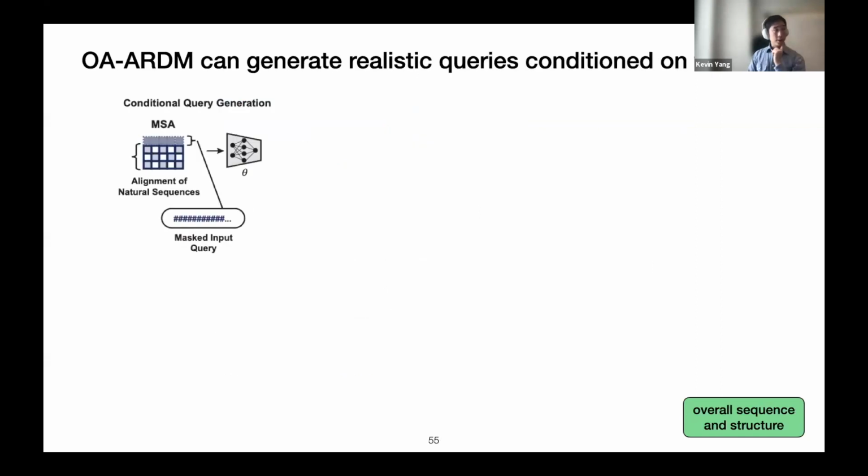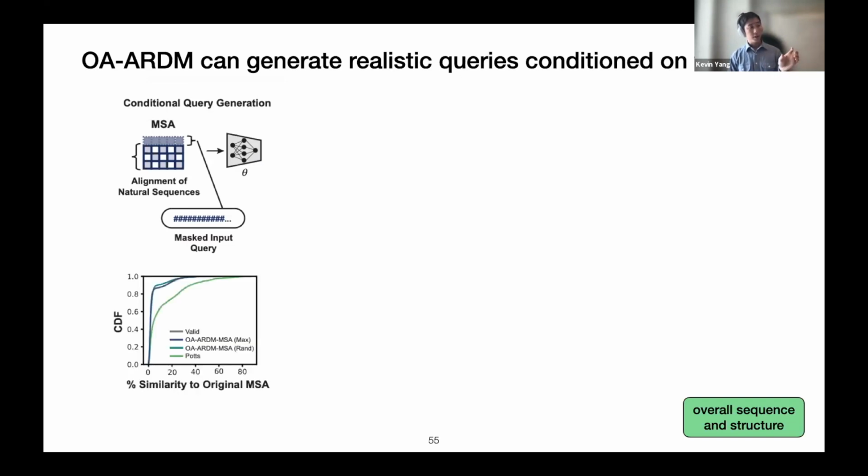The other nice thing about these masked diffusion models is you can do conditional generation just by specifying some residues and only masking the ones you want to generate. Here we're going to start with an alignment and regenerate the query sequence, the original sequence. First we'll look at diversity.